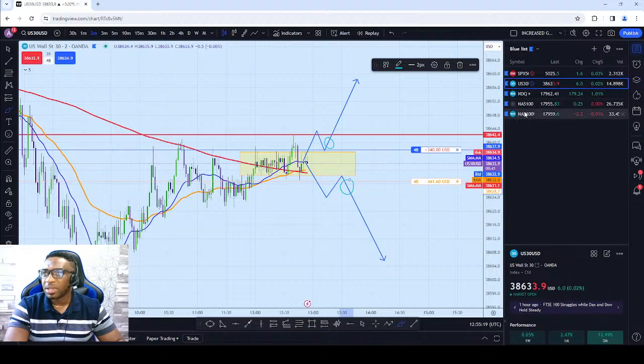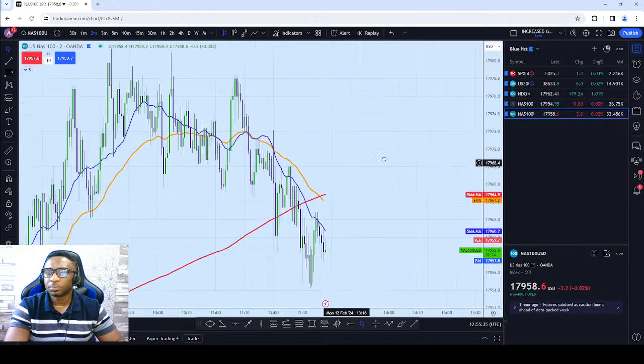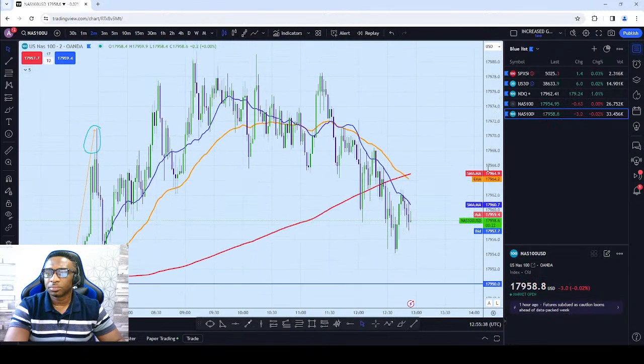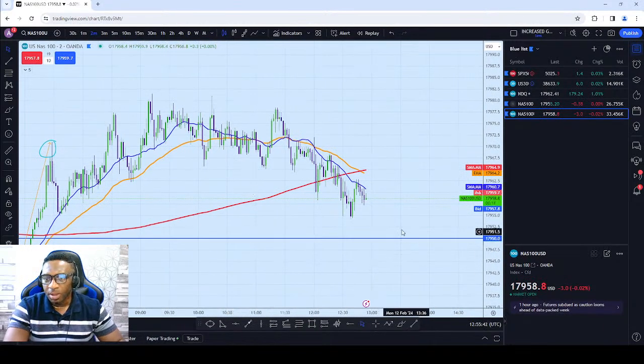Let's look at NAS. What is NAS doing? As we can see, NAS pulled back near the 20 moving average and then tried to push further down again.